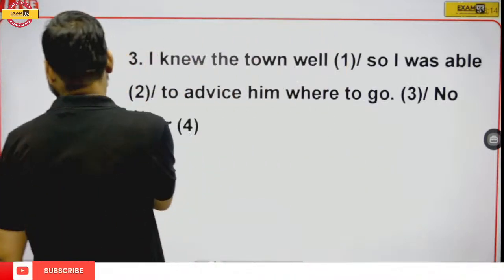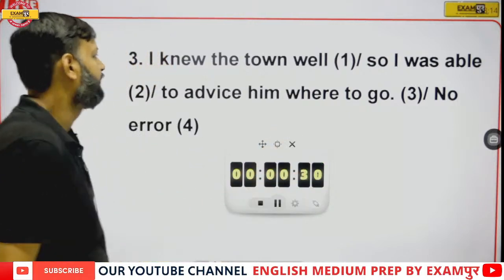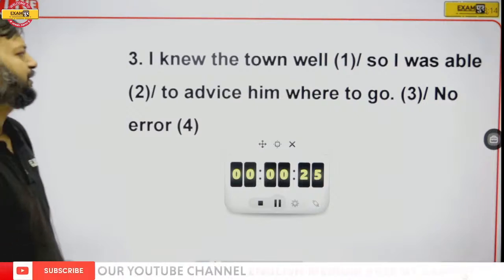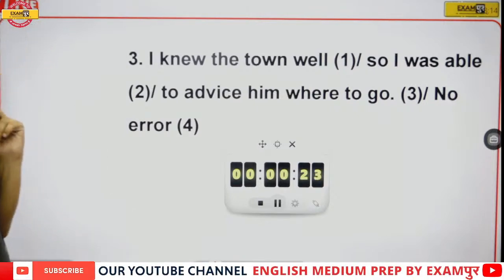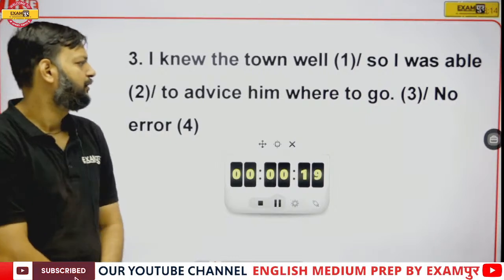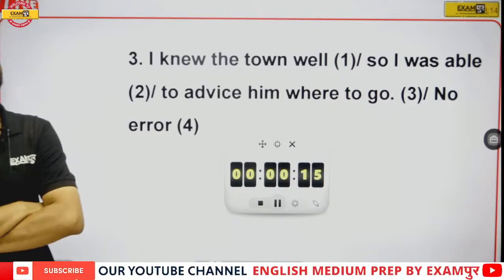Now the next one. 30 seconds you have. I knew the town well, so I was able to advice him where to go. What is the error in this sentence?